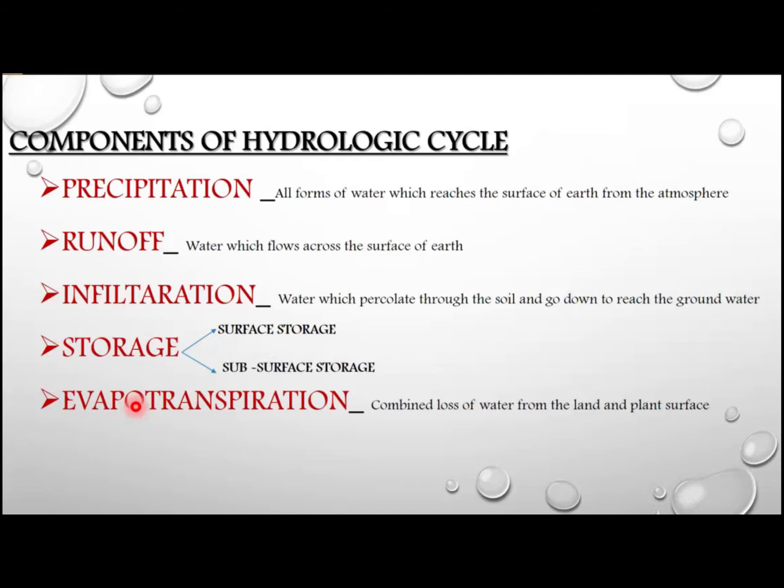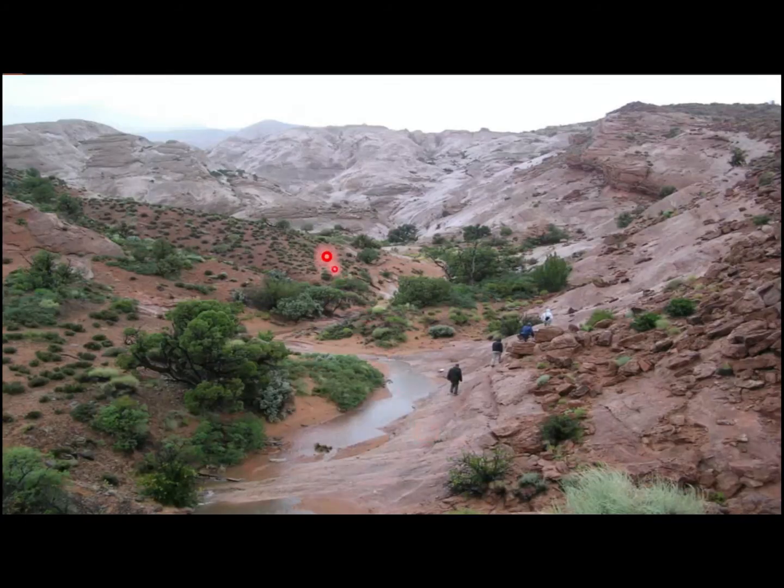Transpiration means the water molecule get escaped from the leaf through the stomatal openings. That is transpiration. So when we combine these two, combined loss of water from the land and plant surface is called evapotranspiration.